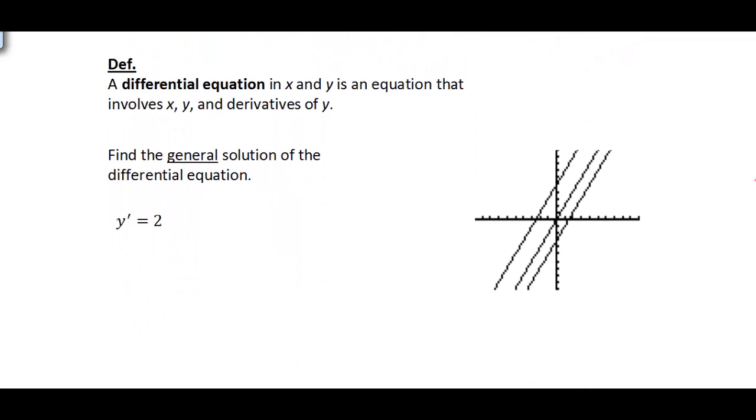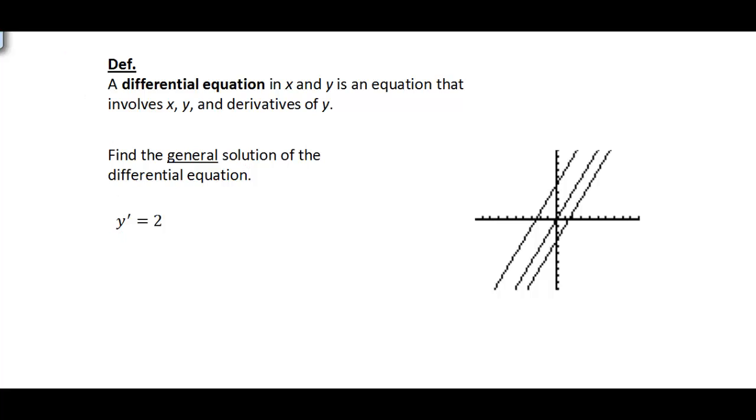All right, that leads us to the definition of a differential equation. Now we're talking about an equation in terms of x and y that involves the variable x, the variable y, and derivatives of y. If we look at a very basic example, we have y prime equals 2, and the direction says we want to find the general solution of the differential equation.